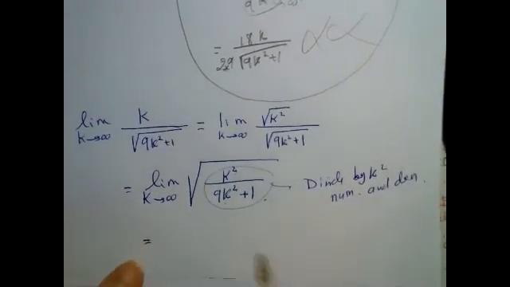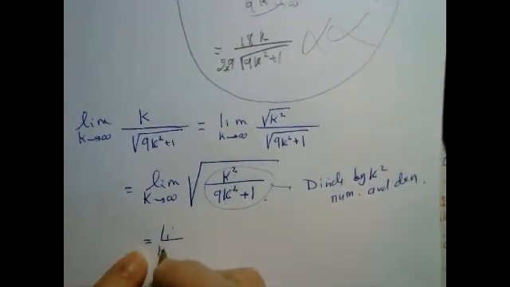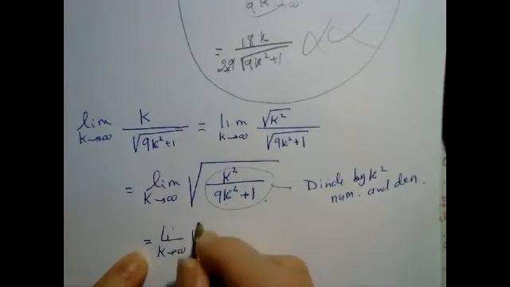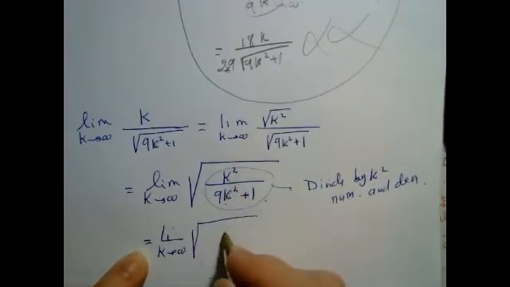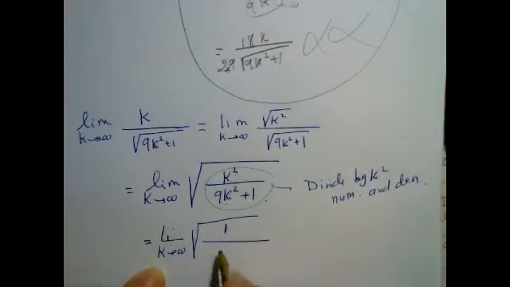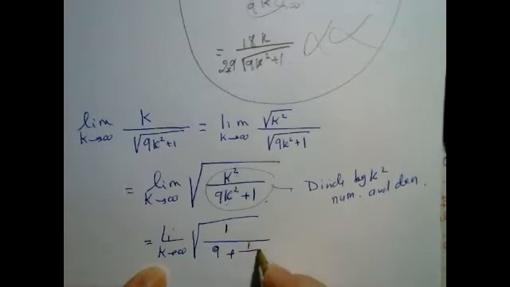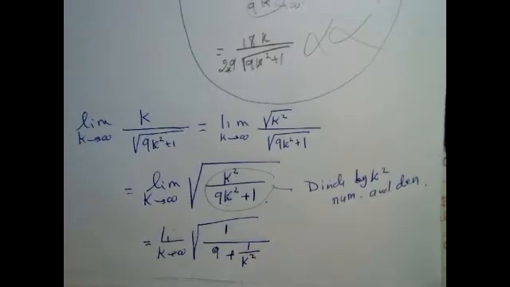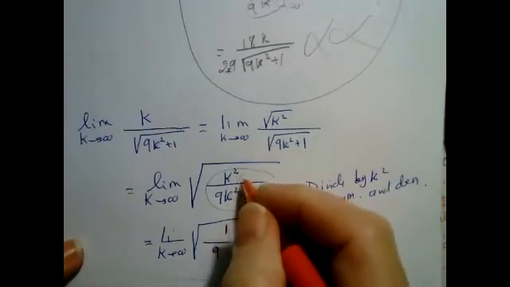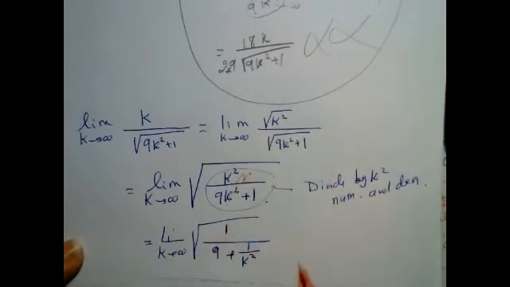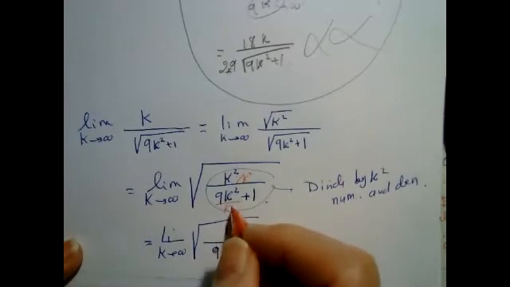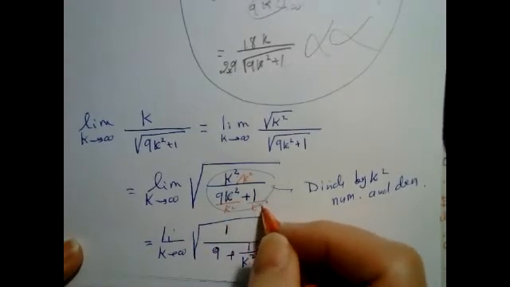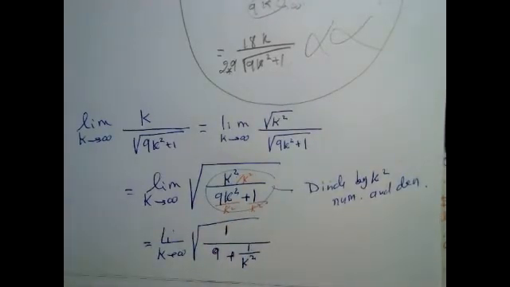If we do that, we will get the limit as K goes to infinity of: I divide the numerator, I get a 1. I divide the denominator, I get a 9 plus 1 over K squared. So what we did is we divided this by K squared, we divided this term by K squared, everything. So we're not really changing the value, we're just manipulating.